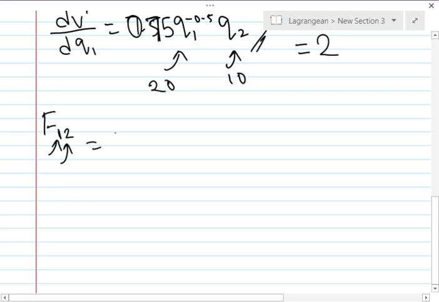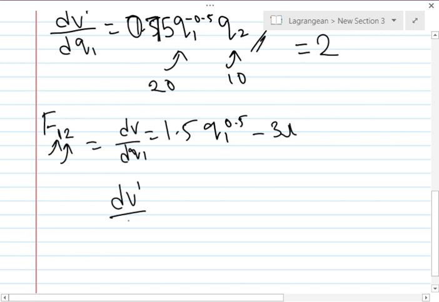So we have the first order on Q1, 1.5 Q1 to the 0.5 Q2 minus 3 lambda. So we're going to derive this with respect to Q2, because we have to here Q2.